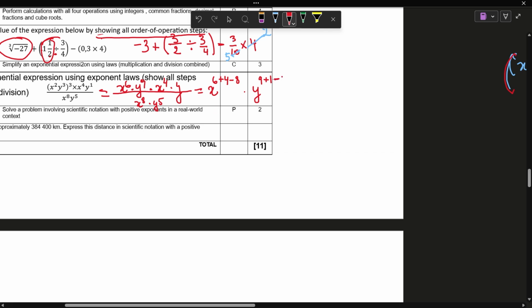So we change the sign of it because it was on the denominator. And this we can now work out our exponent. It's x exponent 10 minus 8, it will be 2, times y exponent 10 minus 5, it will be 5. So this is our final answer. I don't know if it's really clear.